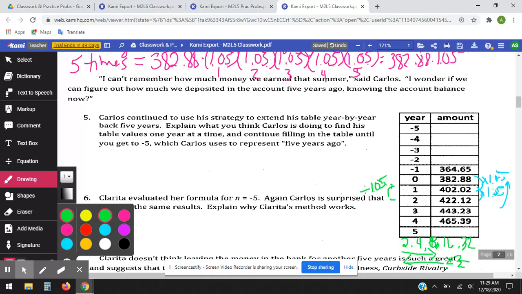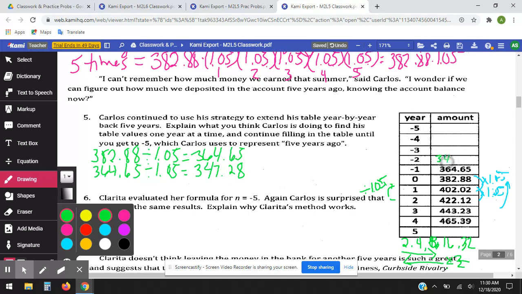So to go backwards, I want to take 382.88 divided by 1.05, and that got me the 364.65. So again, I'm going to take that 364.65, divide by 1.05, and now I'm going to get 347.28.